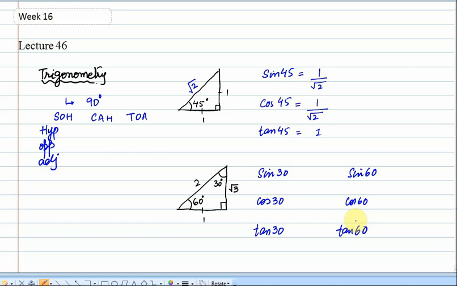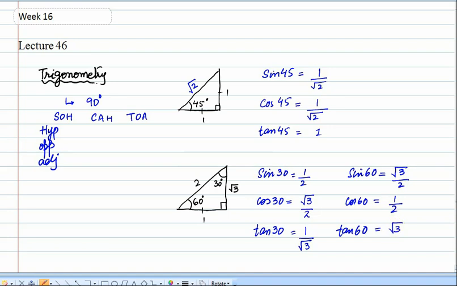Done. So if we talk about sine 30, if this angle is 30, that means opposite is 1 and hypotenuse is 2. For cos 30, adjacent root 3 divided by hypotenuse 2, and for tan 30 it's opposite divided by adjacent. For sine 60, opposite divided by hypotenuse, cos 60 adjacent divided by hypotenuse, and tan 60 opposite divided by adjacent.